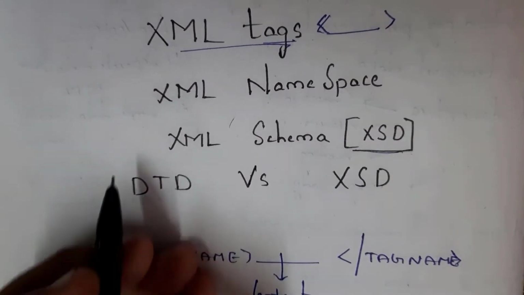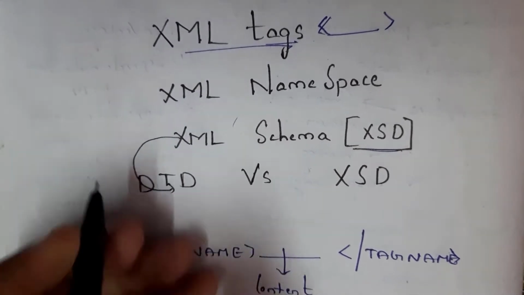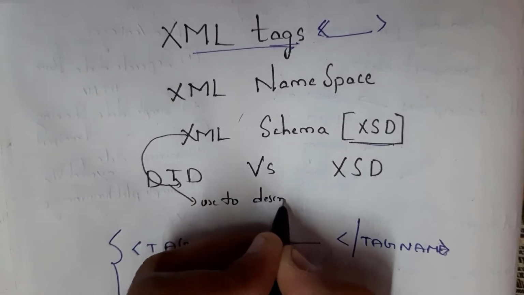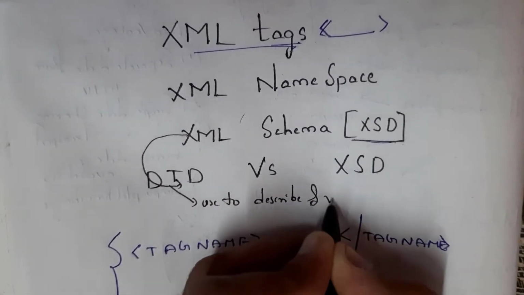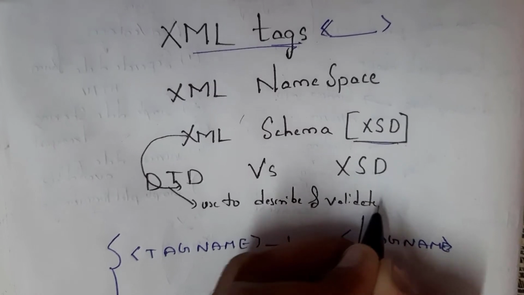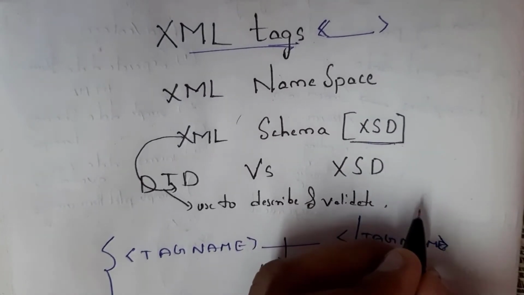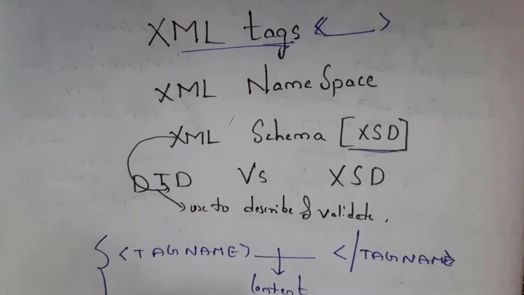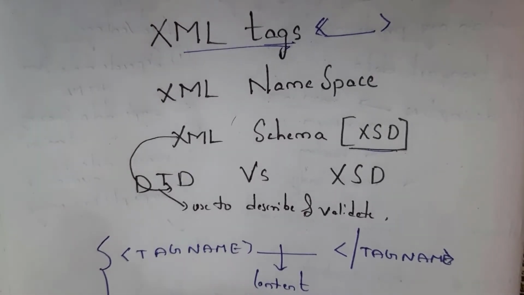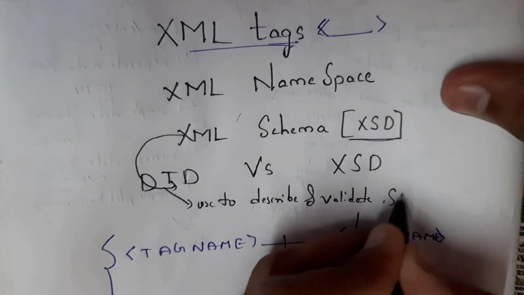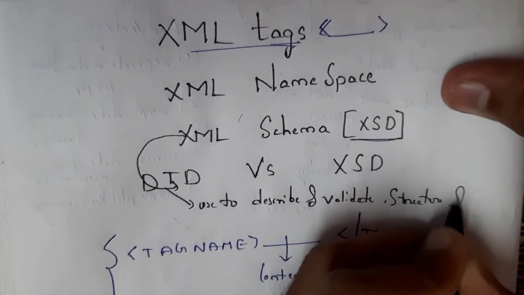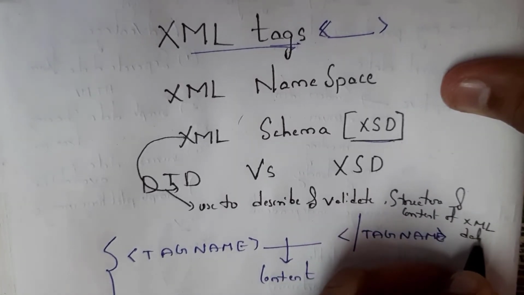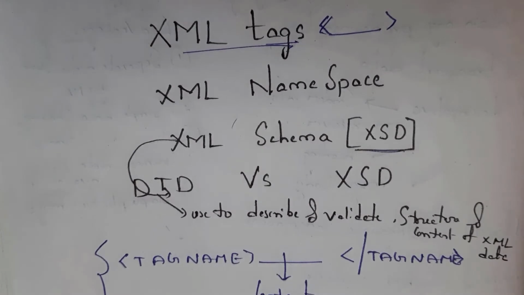See, this XML schema is used to describe and validate the structure and content of XML data. This is the definition of XML schema.